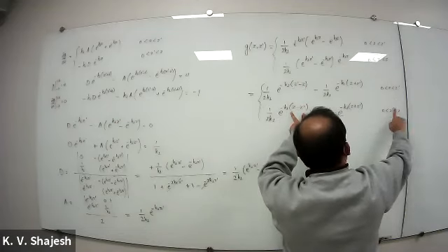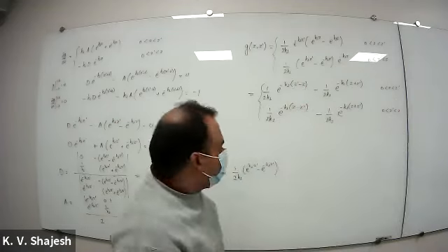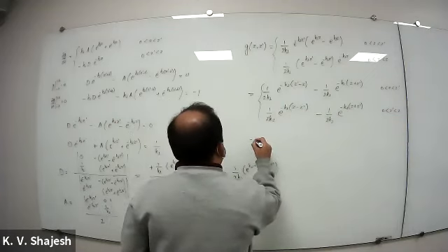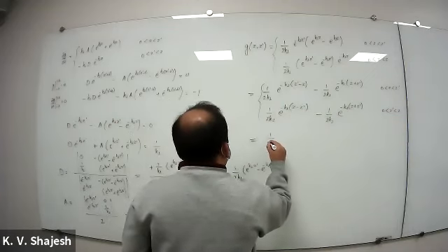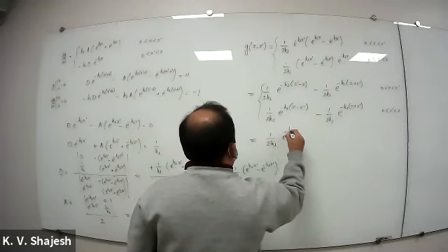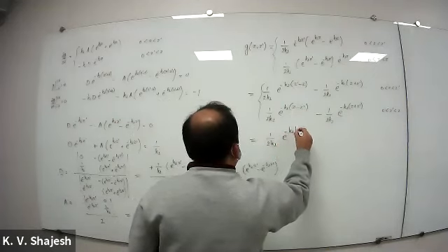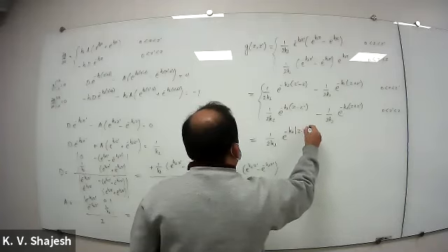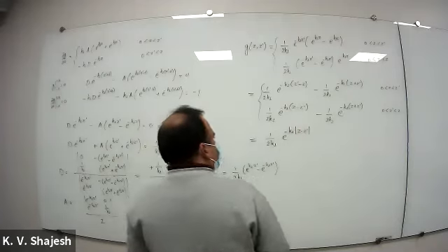And when z is greater than z prime, it flips. So this can be written in a single expression as e raised to minus k per, the magnitude of z minus z prime.